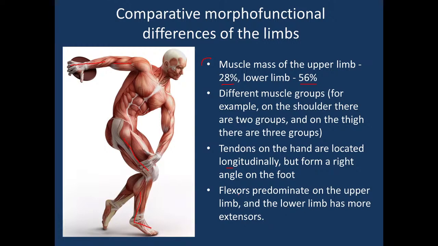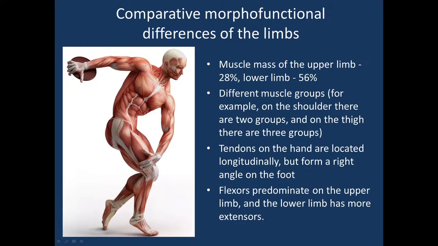And it is interesting that in function for the upper limb, flexors predominate here, but in lower limb extensors predominate.